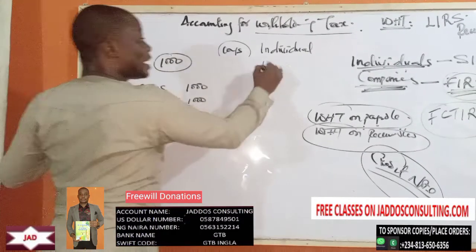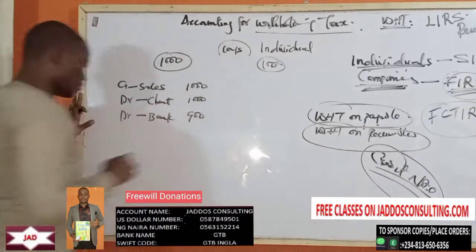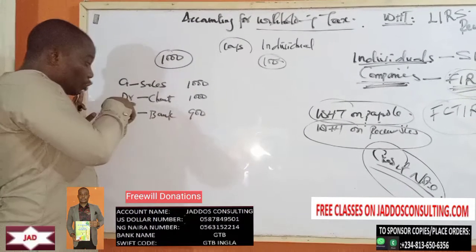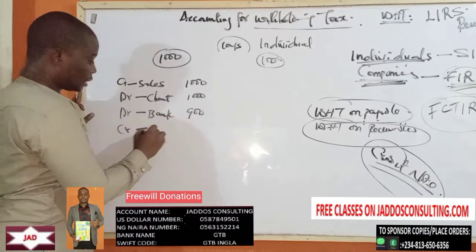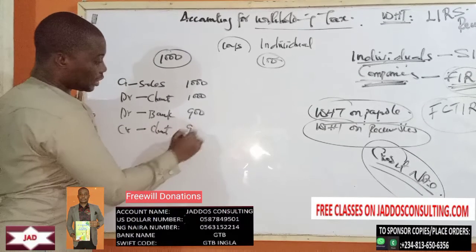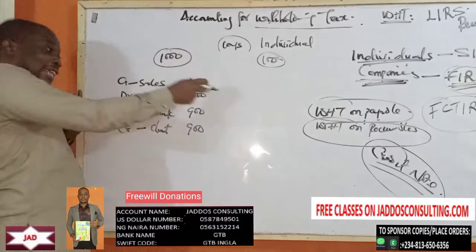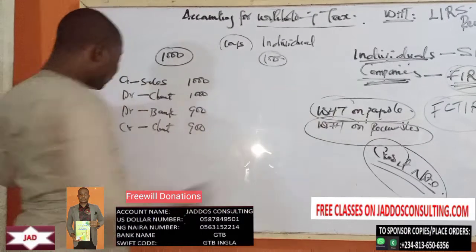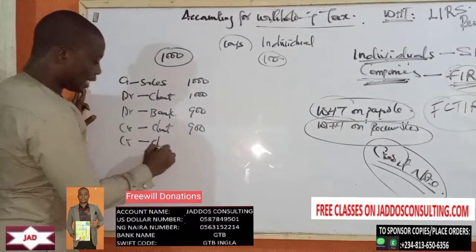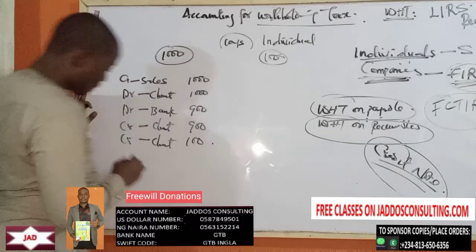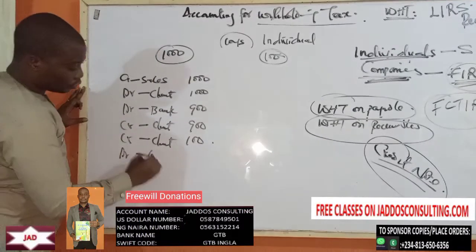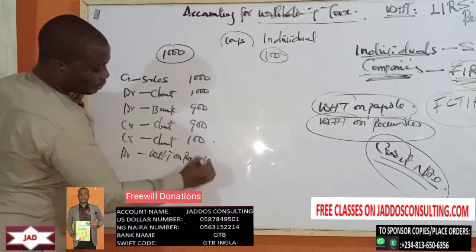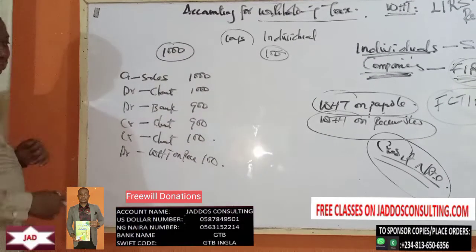But the 100 naira now, what do we call it? If you debit your bank with 900 naira, you're going to credit this your client to reduce the amount that is owing you with 900, abi. But now there's another 100 naira on it, which is what he's withholding. So you have to credit him again, that's your client, with 100 naira, and then debit your withholding tax on receivable with 100 naira.